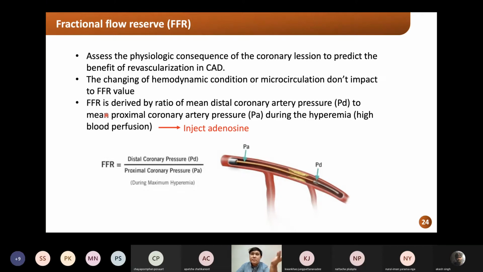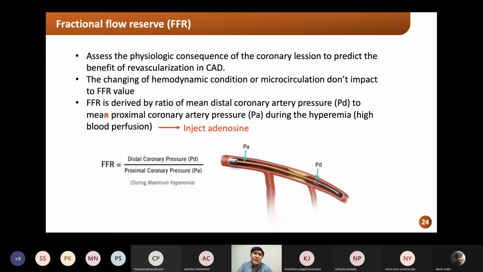You are concerned that the stent or any kind of procedure at that position can cause restenosis in the long term, right? And it can cause problems in some patients.